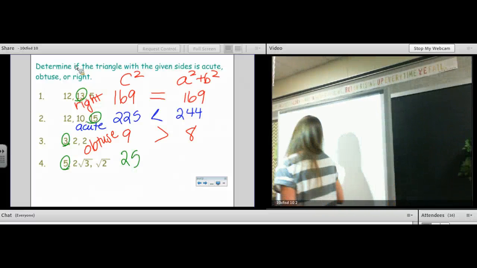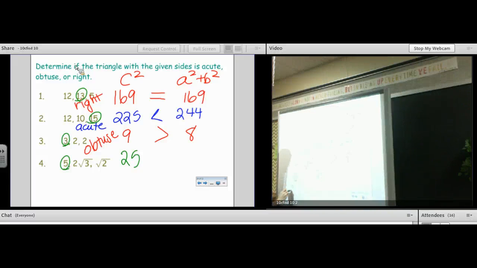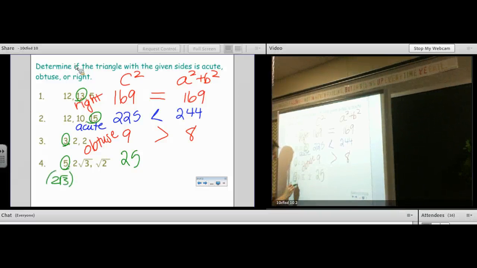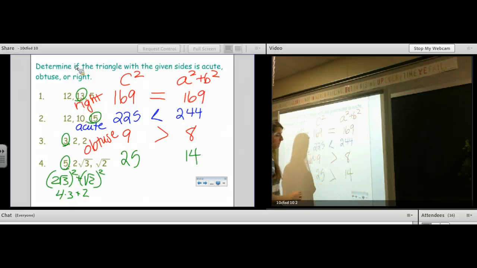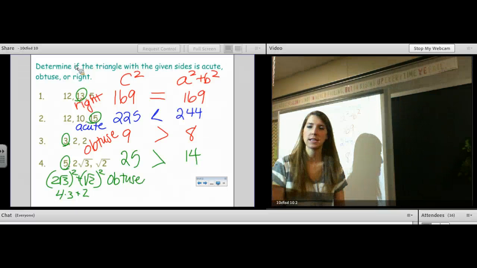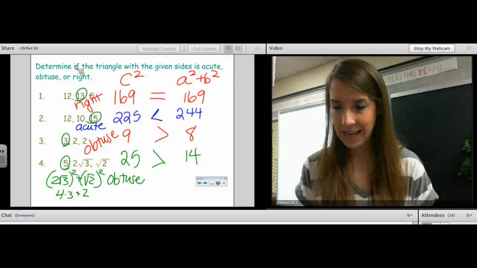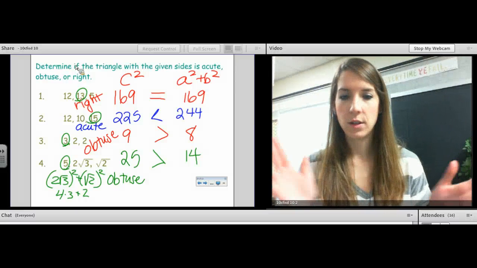A squared plus B squared, I'm going to need to do a little bit of work. 2 root 3 squared plus root 2 squared. So that's 4 times 3 plus 2, 12 plus 2, 14. Obtuse. 25 is greater than 14. C squared's bigger. When C squared's bigger, it's obtuse. Start your quiz. Go.